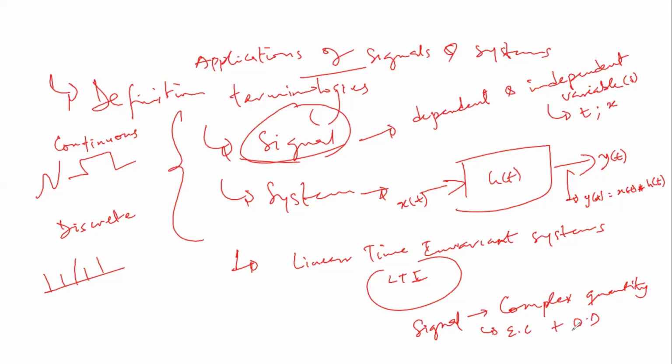So suppressing one of those components will not lead to loss of information. And then we tried to resolve some of these things while talking about the discrete time signals and the continuous time signals. Because we could also have discrete time systems and continuous time systems.